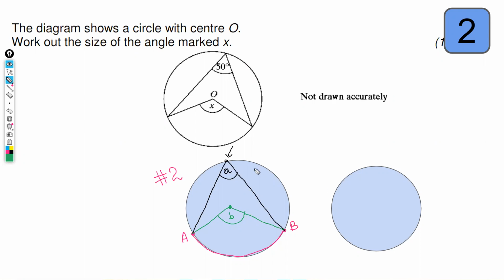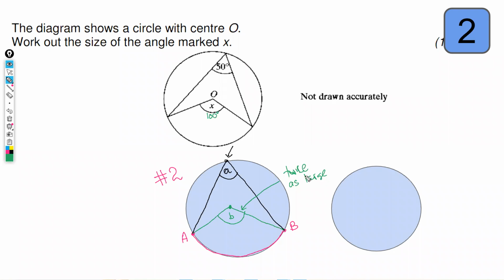The one at the center is always twice as large. So if here is 50, the one at the center is 100 degrees.